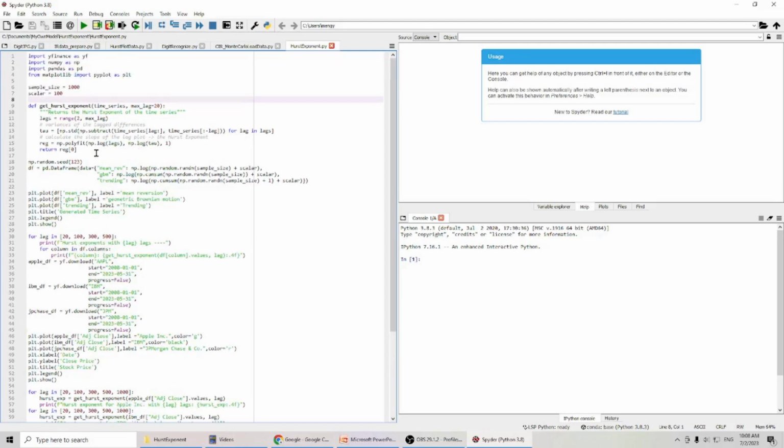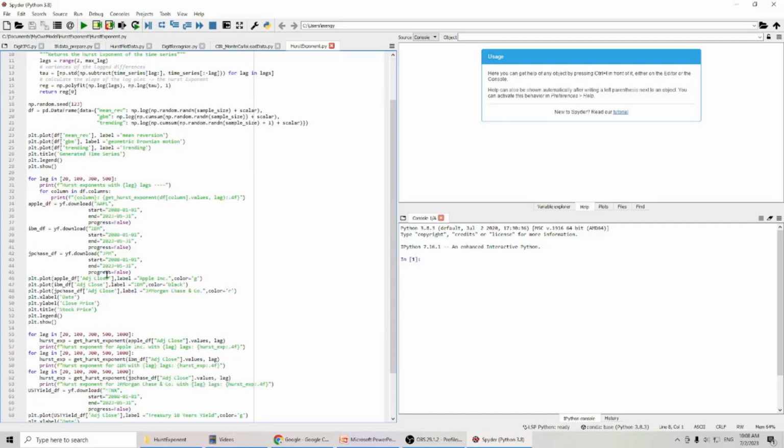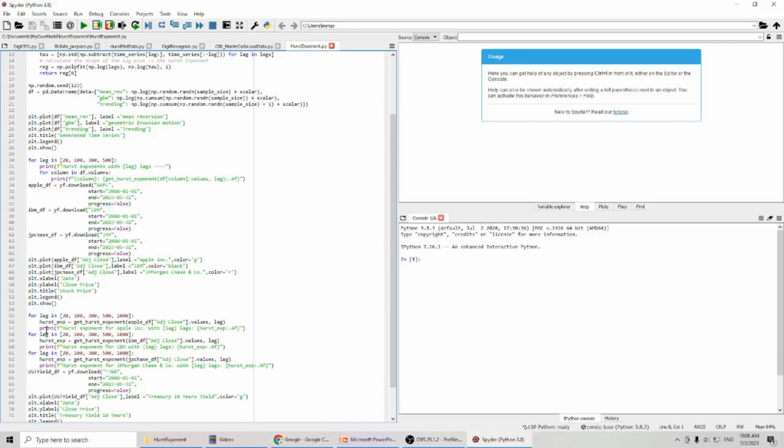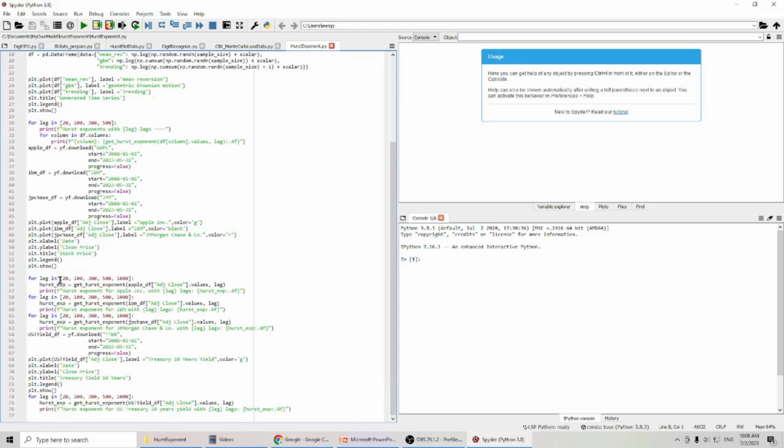And then I've used Yahoo Finance data I downloaded for Apple and IBM and JP Morgan Chase, and calculated the Hurst exponent for them with different chunk sizes.